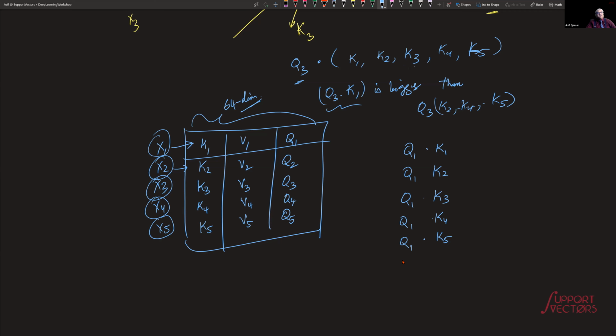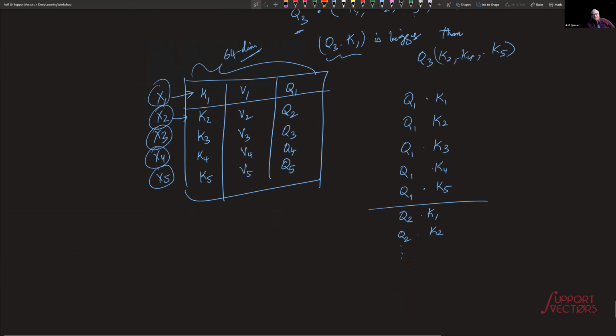I can find these dots, and then I can also do Q2 dot K1, Q2 dot K2, and I can keep going down. You pretty much get the idea that we can keep going down, and ultimately way down here, we'll have Q5 dot K1. You keep going down, Q5 dot K5, right? You can create all these dot products, right?